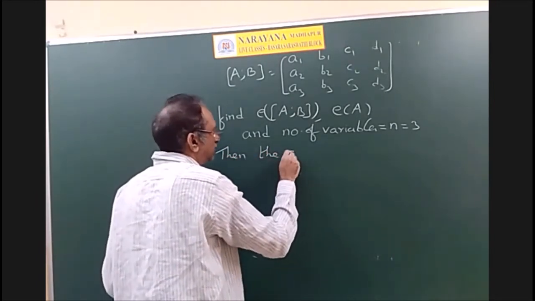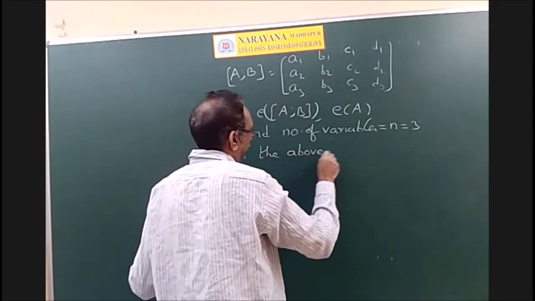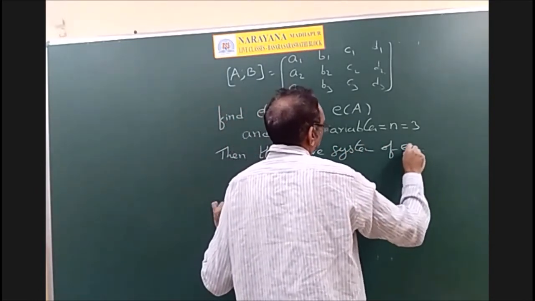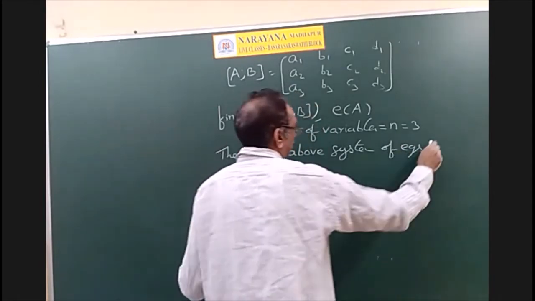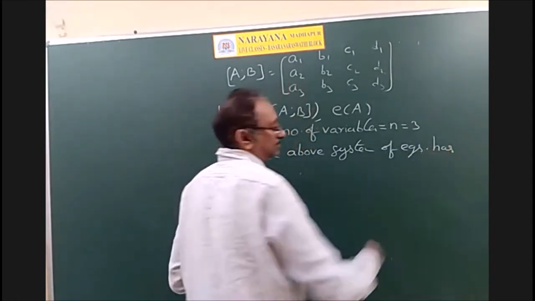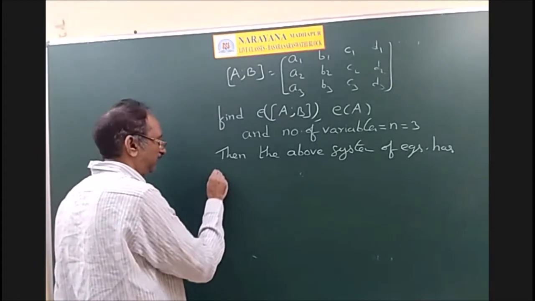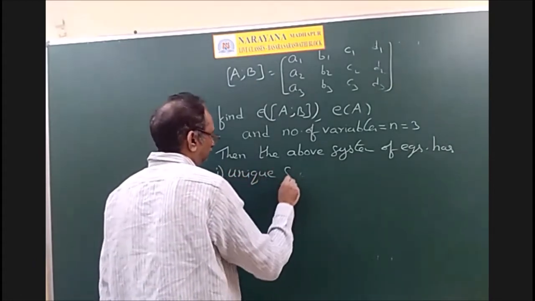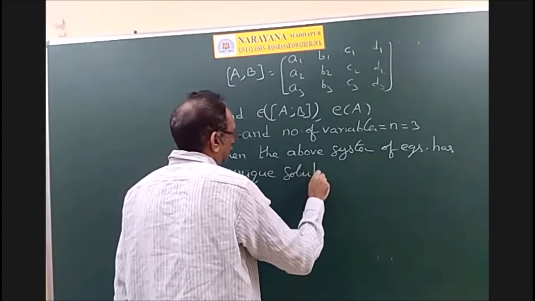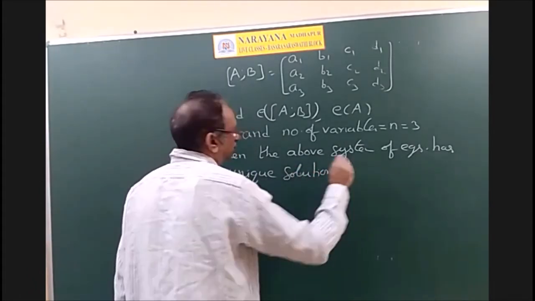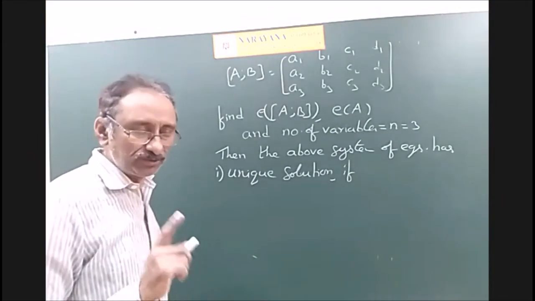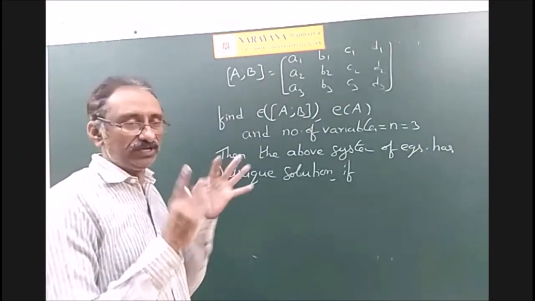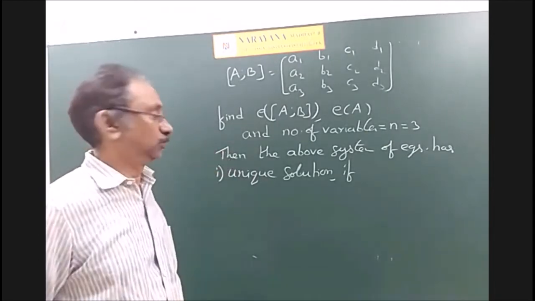And see then, the above system of equations has first, a unique solution, only one solution. Only one solution means one value of x, one value of y, one value of z put together will give you a unique solution.